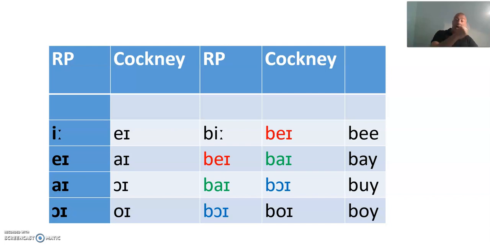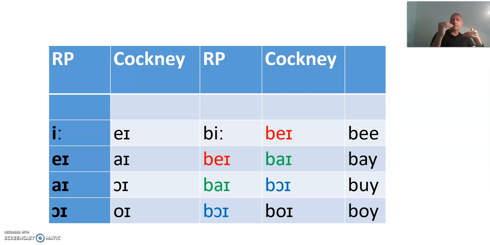And if you have buy, to purchase something, in RP, it's boy in Cockney English. And if you have the young lad, boy, in RP, it's something like boy, more tense, in Cockney English. And there you see how the whole system is shifted.